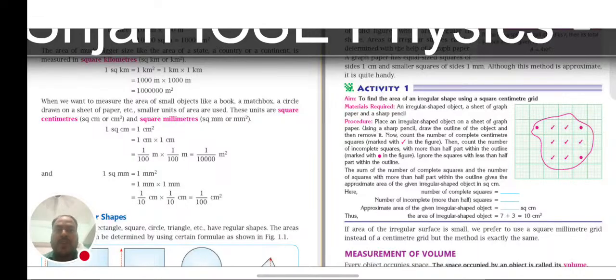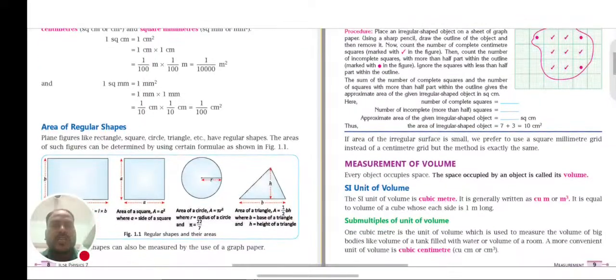We know that 1 meter equals 100 centimeter. So we do the division, 1 upon 100 centimeter, and multiply 1 upon 100 centimeter into 1 upon 100 centimeter. Then we get 1 upon 10,000 meter square, and if we divide, we get 0.0001 meter square. Yes or not?